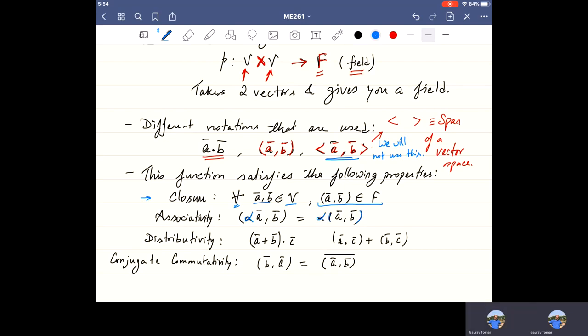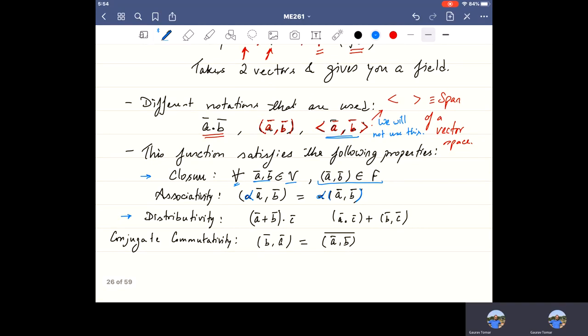So this is associativity with respect to the field F. It also satisfies the property of distributivity, where if you add the two vectors and then take a dot product with the third vector C, then it is equivalent to taking the dot product with C with individual vectors and then adding the two.